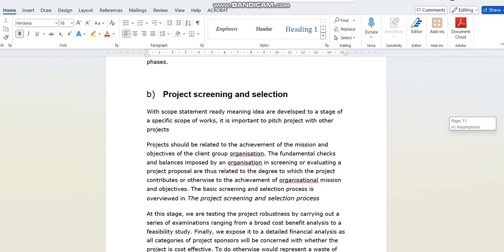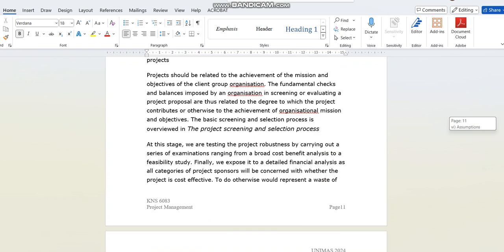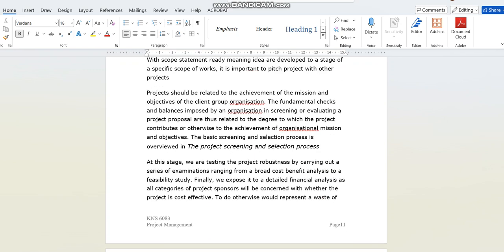Okay. So project screening, basically, I would say it's on the larger picture, it's on the larger scale. It's not so much of the components and subcomponents. It's more on overall, are we going to proceed with the project or not. So I normally say this is a robustness test.